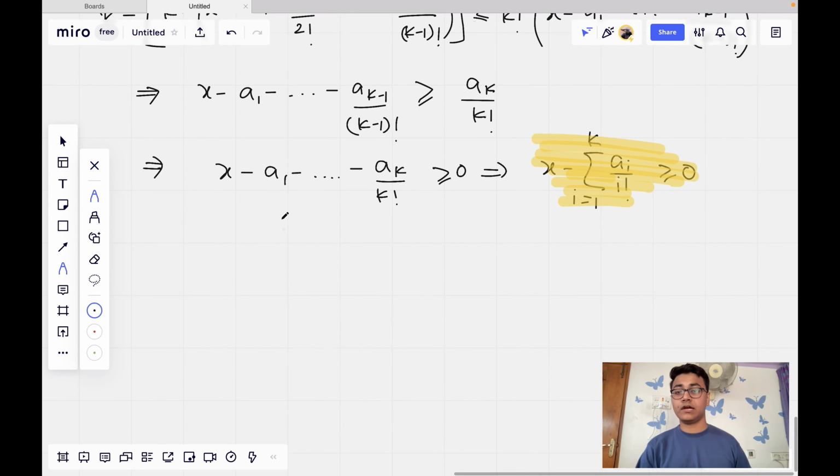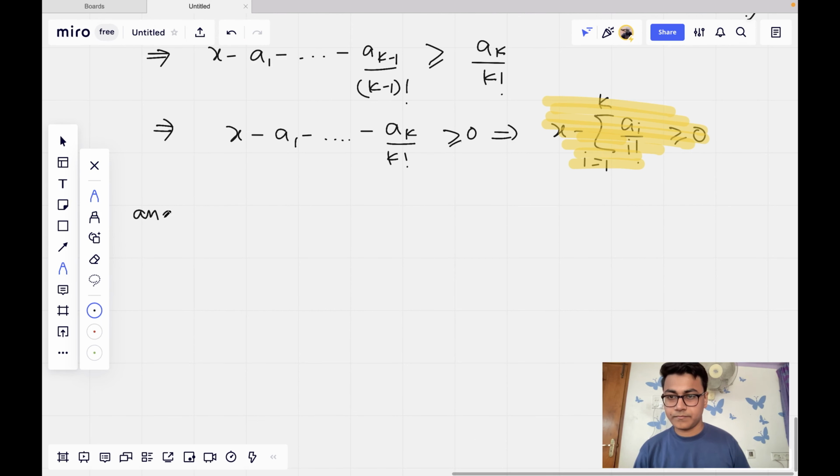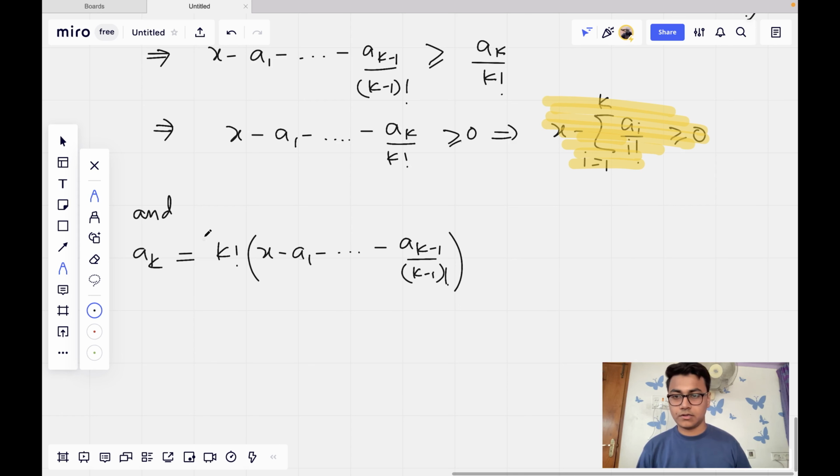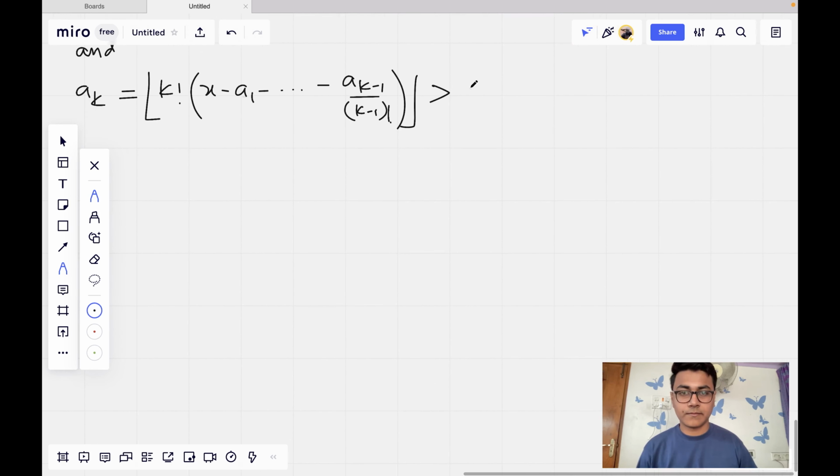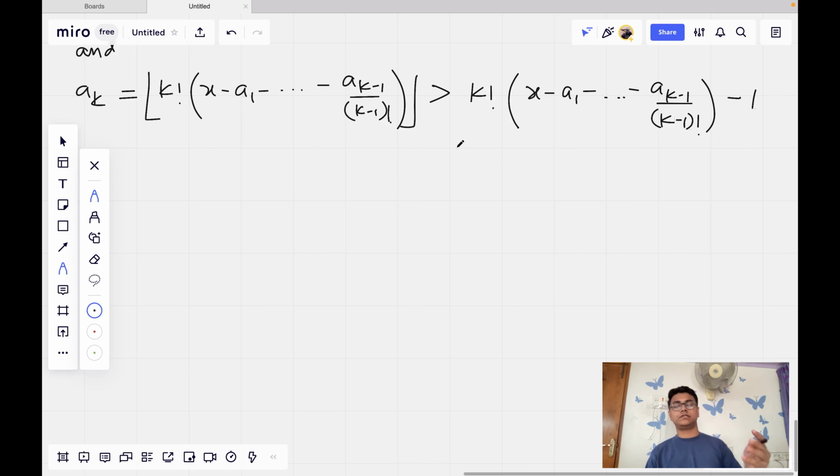And the other side, ak equals the box of k factorial times x minus a1 minus all the way till a k minus 1 by k minus 1 factorial. This box is strictly greater than that quantity minus 1. This is the other side of the inequality that we will need.